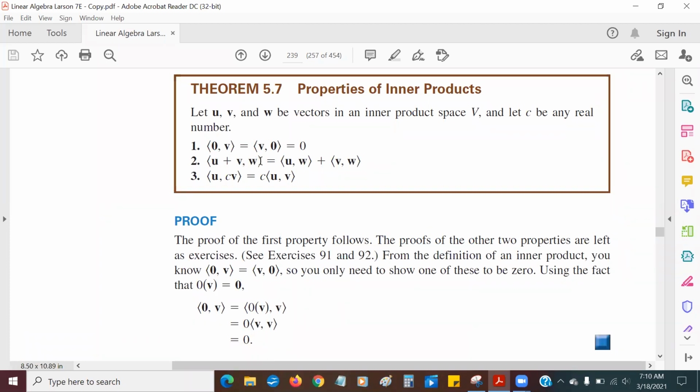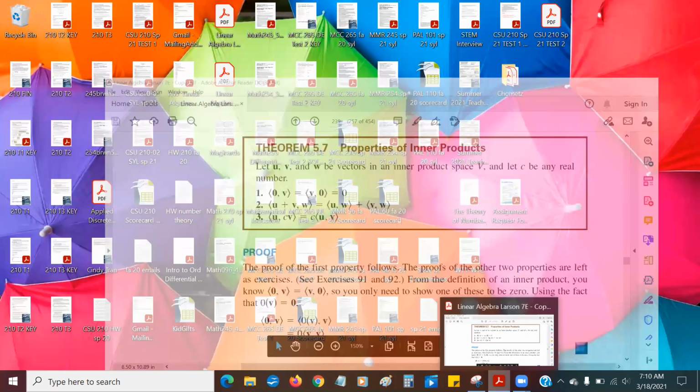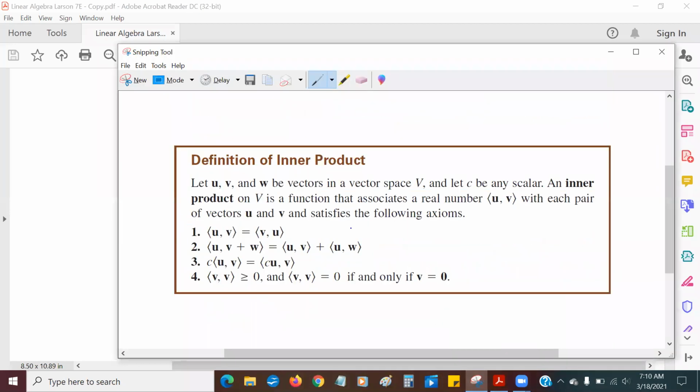So u plus v comma w is equal to u comma w plus v comma w. U comma cv is equal to c times u comma v. Now, 2 and 3 follow immediately from the commutativity of an inner product, because inner products are commutative.